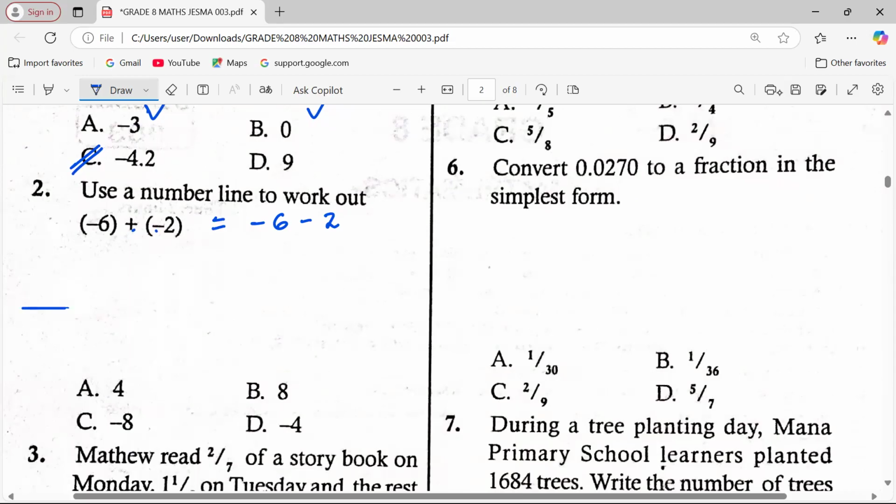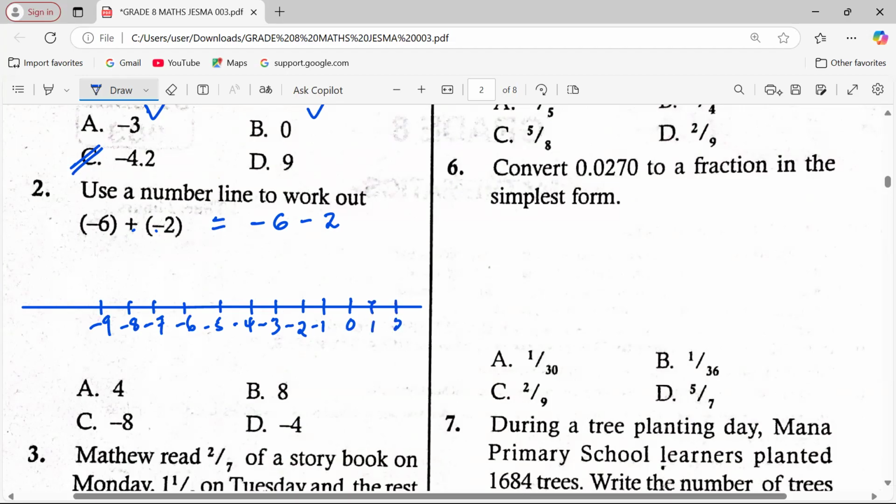And we draw a decent number line here, whereby we can begin from 0, 1, 2, 3, 4 on the negatives now, 5, 6, 7, 8, 9, and we can even have a +1, +2.